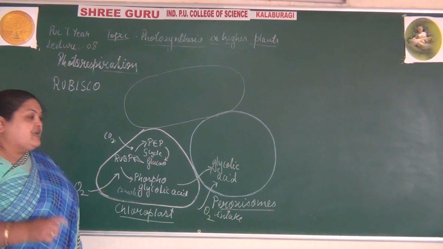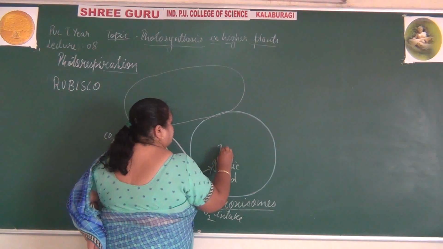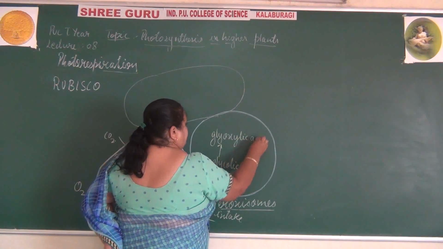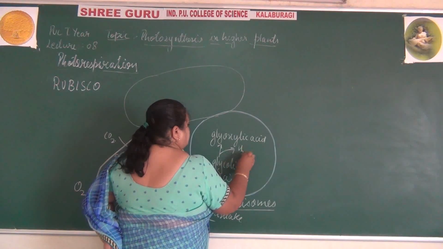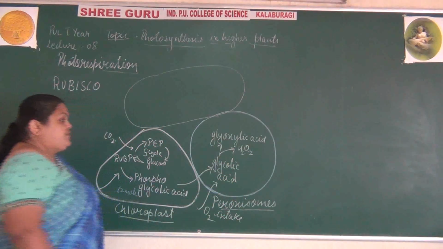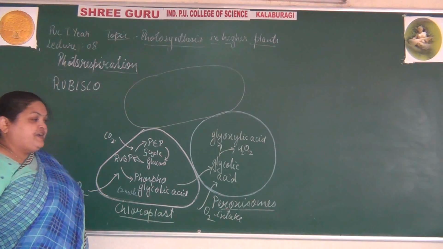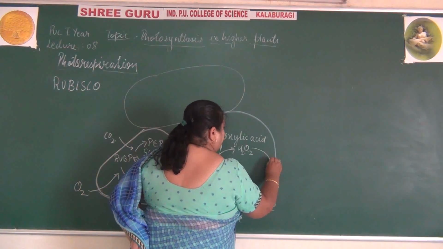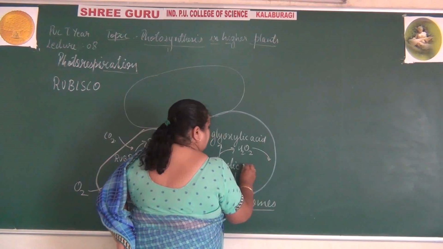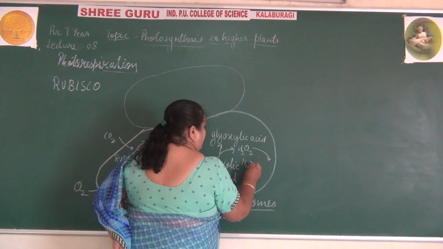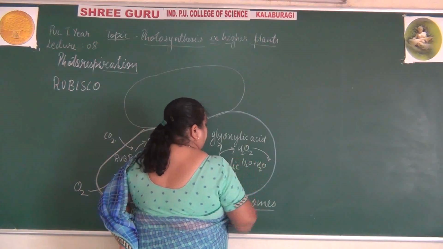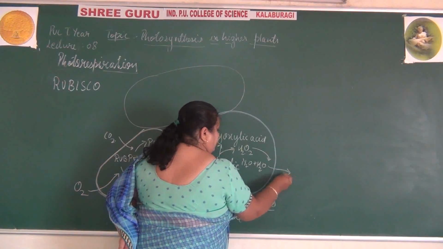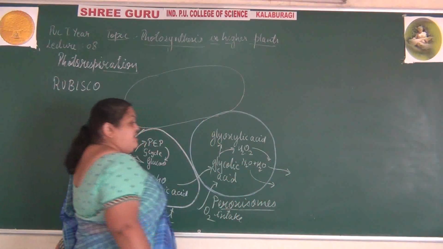It absorbs carbon dioxide to form glyoxylic acid and hydrogen peroxide. It forms glyoxylic acid and hydrogen peroxide. Now this hydrogen peroxide, in the presence of the enzyme catalase, is converted into oxygen and water, where water can be released or oxygen can be released.